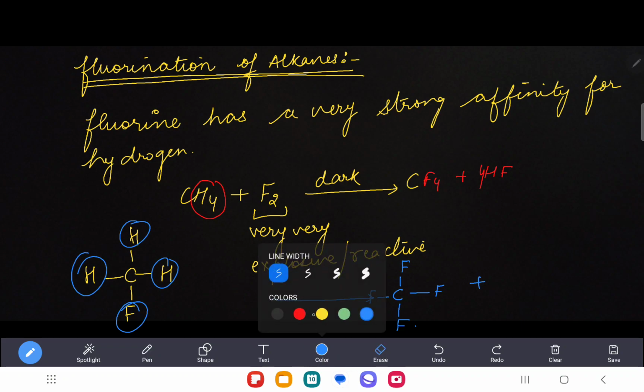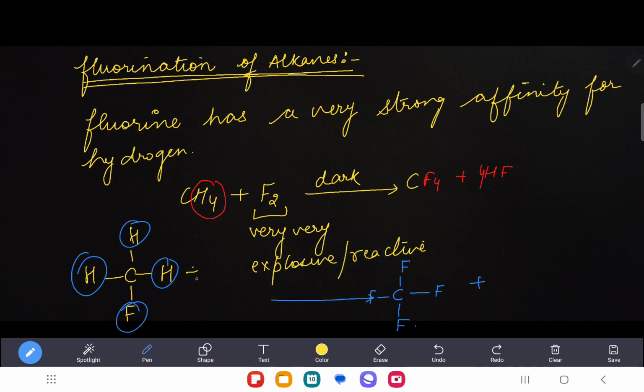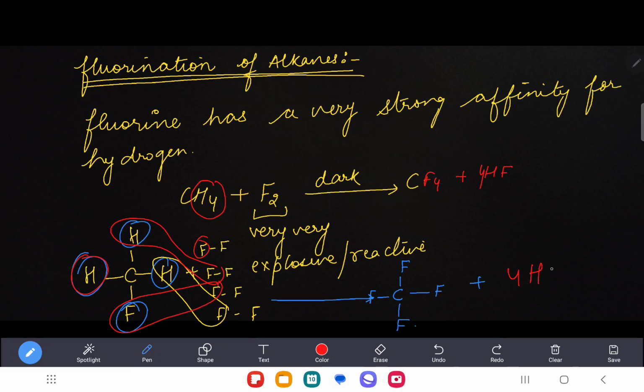Like the way I write it down, HF, FF, FF: one H with one F, then another H with this F. I hope you're understanding. So 4HF shall be formed, and the carbon atom combines with four F. Understood or not? So this reaction is very, very explosive. I hope you're understanding.